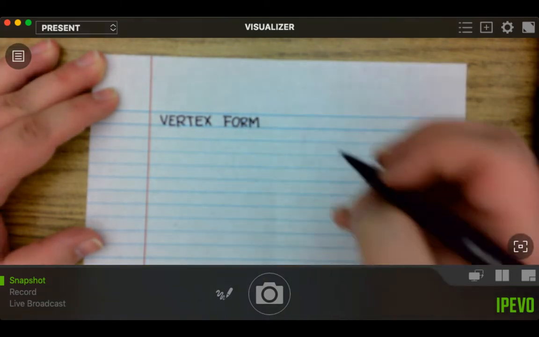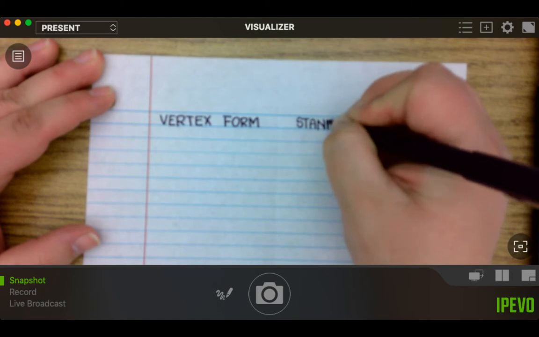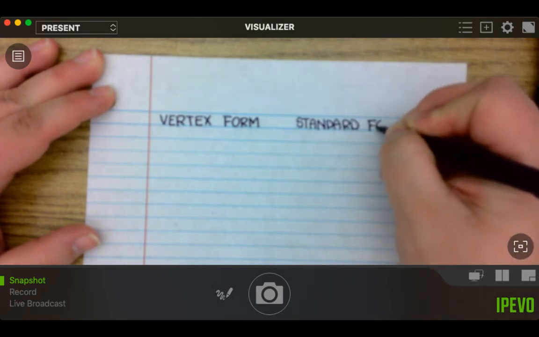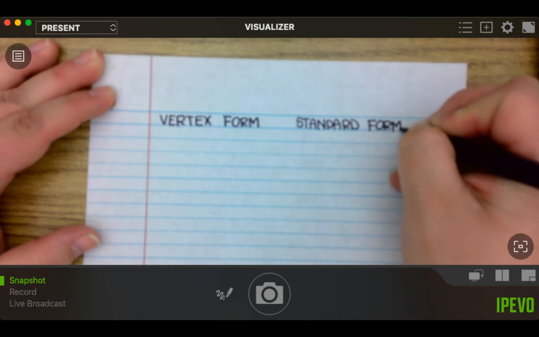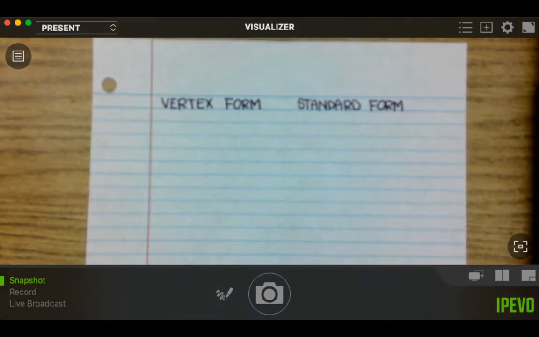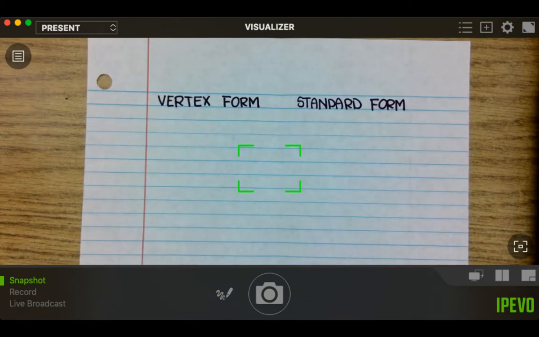And on the other half, we are going to write standard form. Okay. And there will be a third section down below, but for right now, what I need you to do is find yourself a piece of notebook paper and go ahead and write vertex form and standard form on there for me.